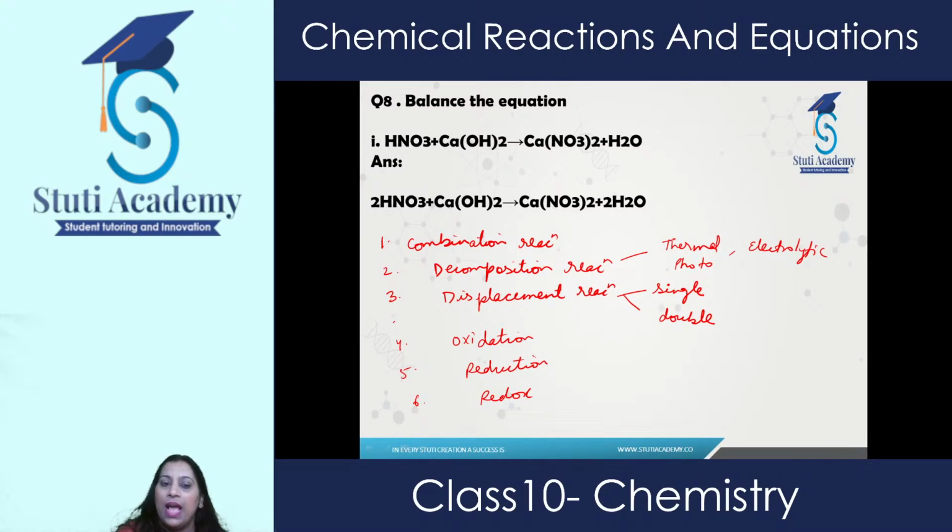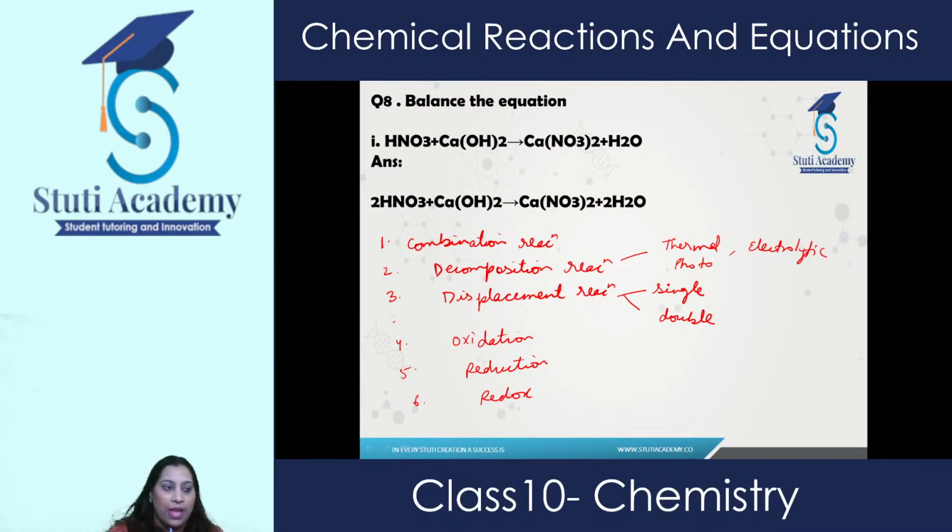So I'll just recapitulate all these reactions one by one so that the concept will be more clear to you, because the questions I have already discussed with you. And if you have any doubt, please write it down in the chat box so that I'll take your doubt and clear it. First is combination reaction. In a combination reaction, the reactants are combined together to form a product.